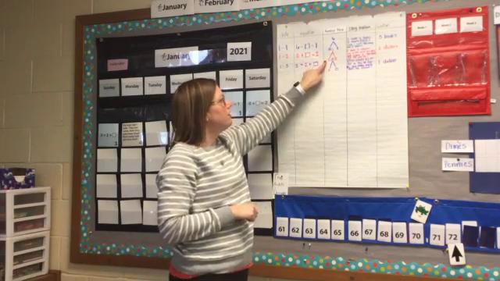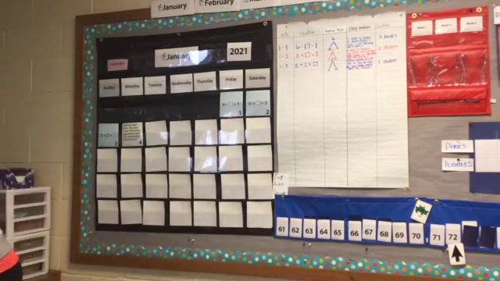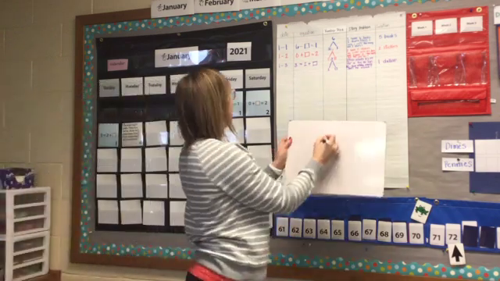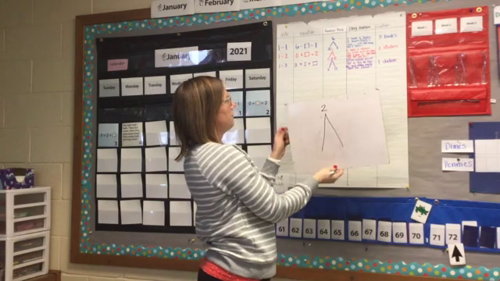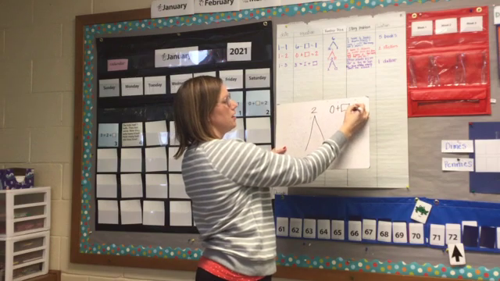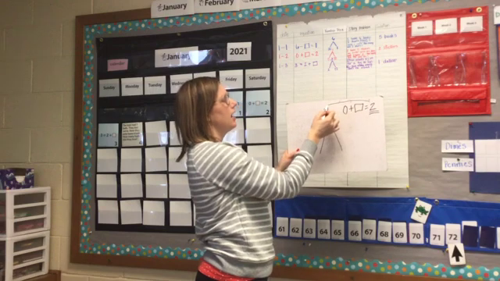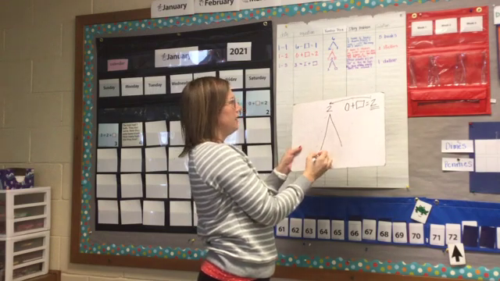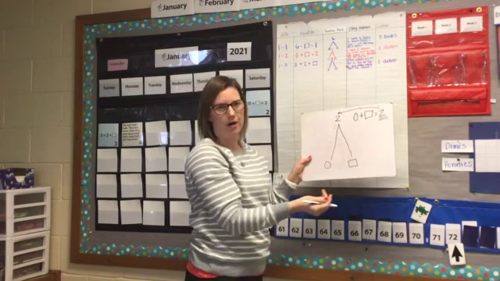So again, our number tree would have the total at the top. Okay, so our total is 2. Okay, so my equation was 0 plus something equals 2. Well, 2 is my total. It goes at the top. Okay, I know that I have 0, and then I get some more.